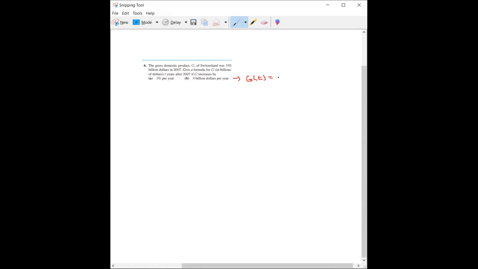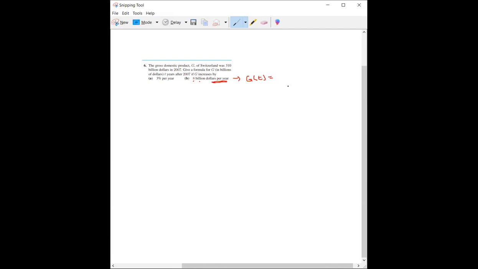Is it like an exponential function? If we're doing $8 billion per year, dollars per year is the important part here. This is linear function. Exactly.